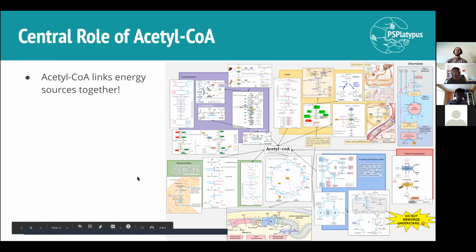This is a beautiful diagram put together by Sarah Damawan, I think of our year. Basically it shows a bunch of energy pathways, but you can see acetyl-CoA here in white, linking it all together. It really is playing a central role in the metabolism of carbohydrates, lipids, proteins and amino acids, and even ethanol and ketone bodies.